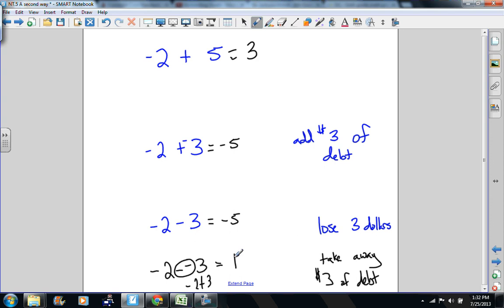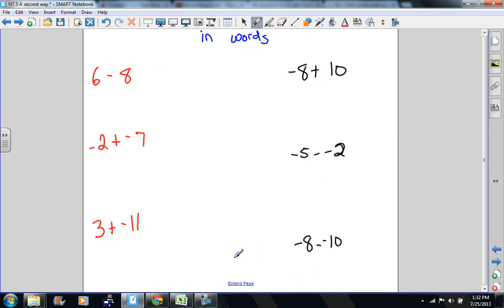Okay, so it's really similar to what the number line method was, except that you're thinking of money. For these, I want you to try to say them to yourself, and then we'll talk about how to solve them. For the one in the top left, we have $6, and then we lose or spend $8, so we end up owing someone $2.